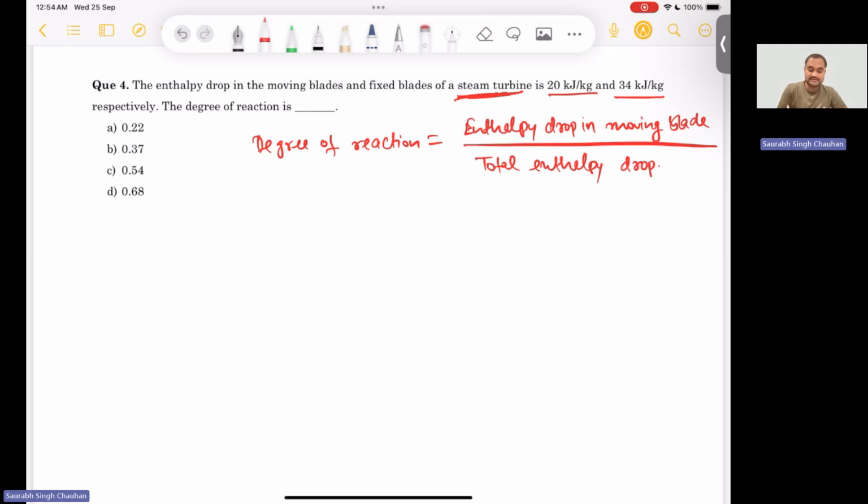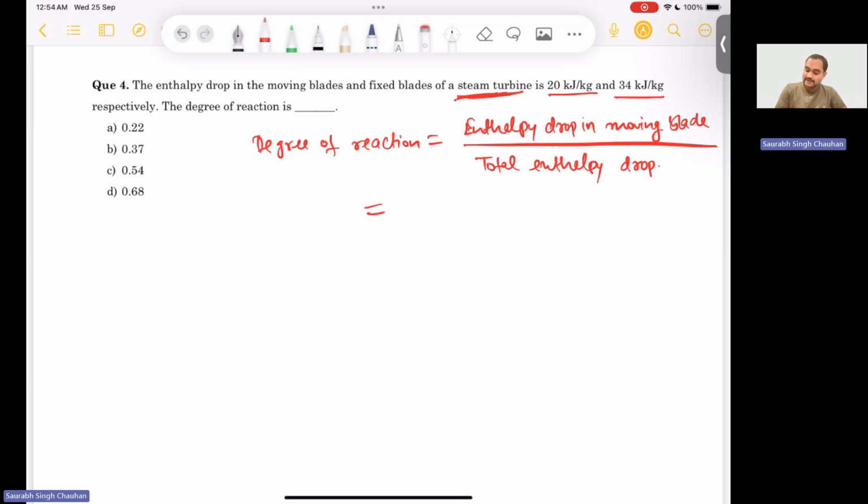So we know that there are some fixed blades, stator blades, and there are some moving blades. Some enthalpy drop takes place in moving blades and some enthalpy drop takes place in static blades. So the ratio of enthalpy drop in moving blades to the total enthalpy drop, that ratio we call degree of reaction.